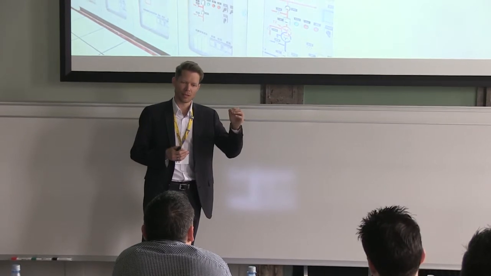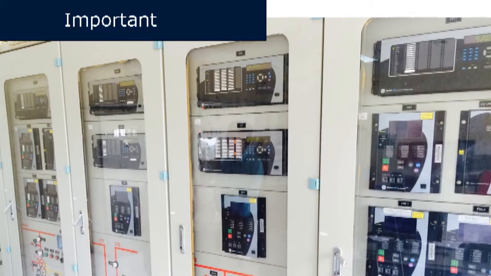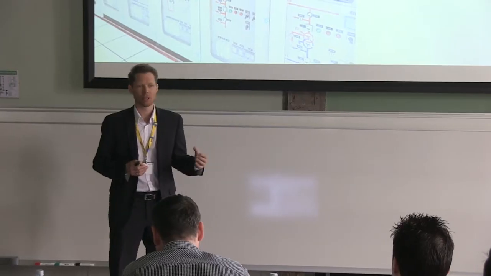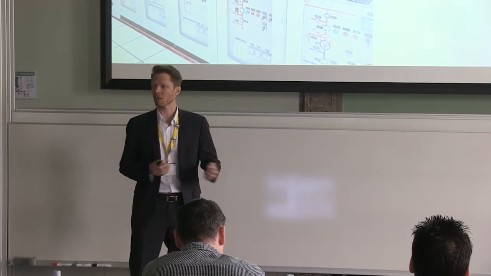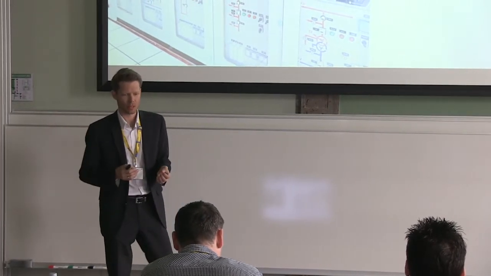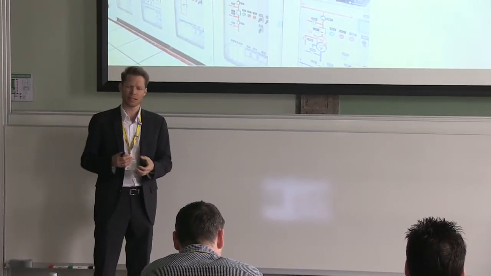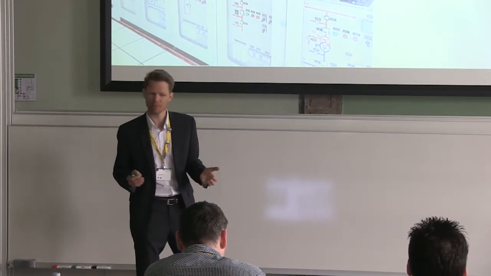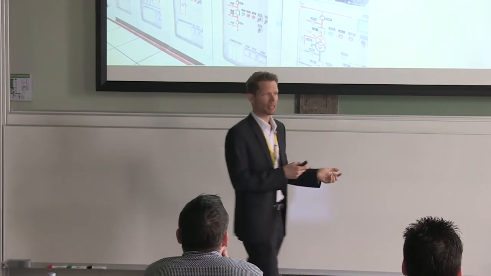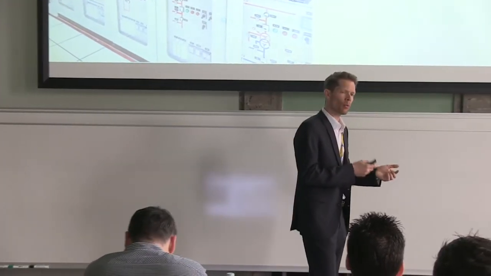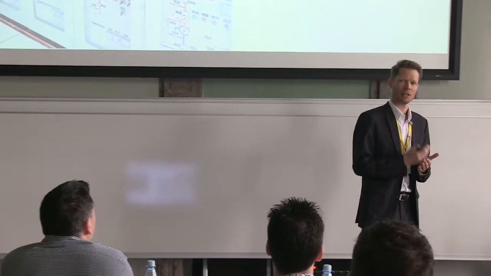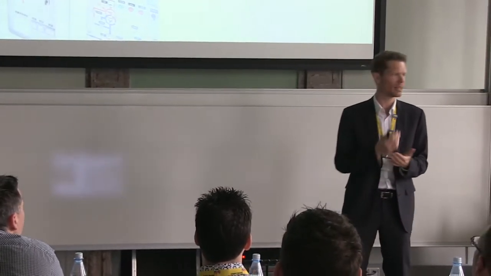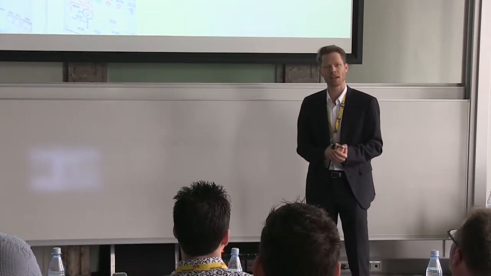The protection relays are protecting our valuable assets, our expensive lines, our expensive transformers. Whereas the HMI is just giving you an overview. The protection relays are working 24/7, every second, every millisecond, every microsecond in their life.